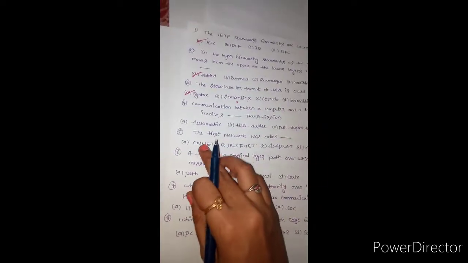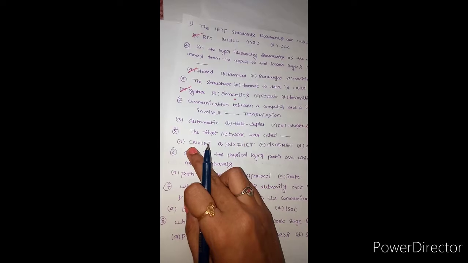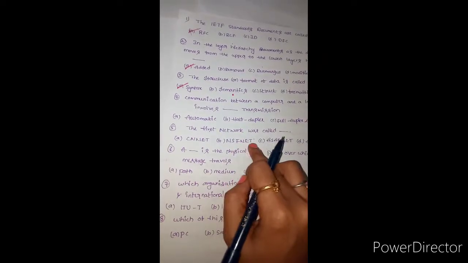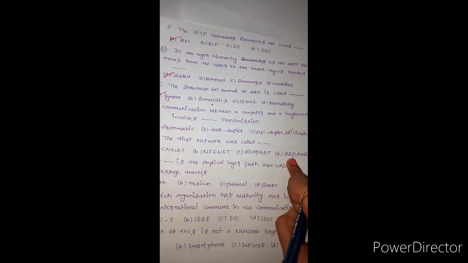Fourth one, the first network was called a dash. Option A CNNet, option B NSFNet, option C ASANet, and option D ARPANet. Here, ARPANet stands for Advanced Research Projects Agency Network.